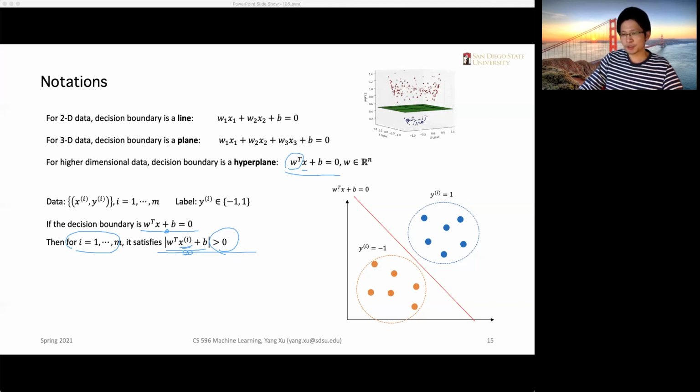The question I've got here is what if the data is not separable by a linear boundary, then we need some tricks. In this case, we start from the linearly separable data.